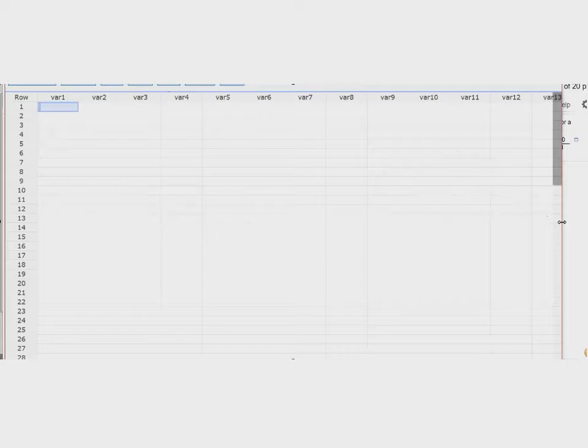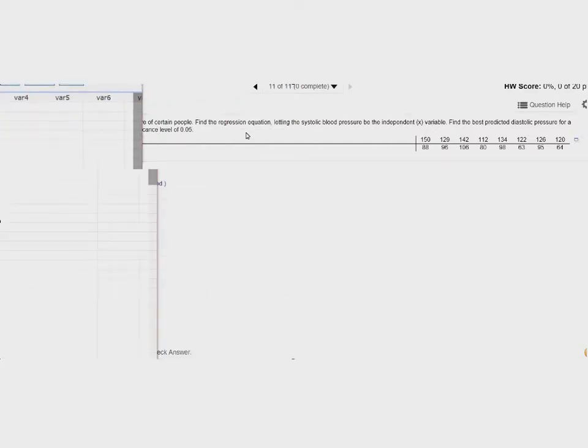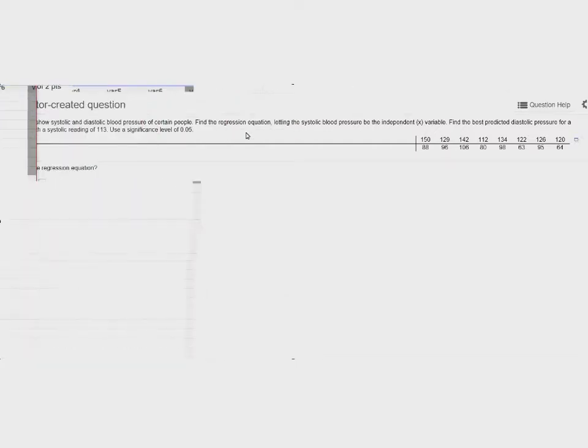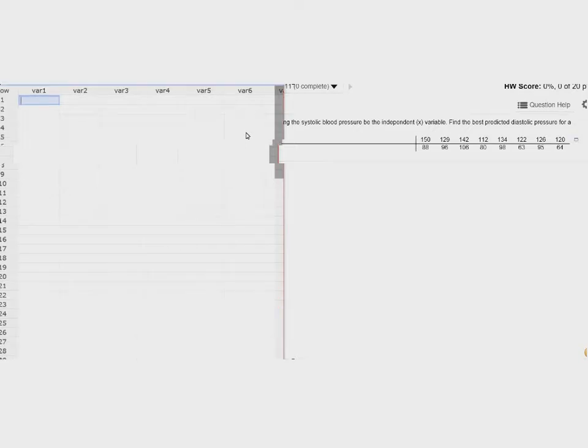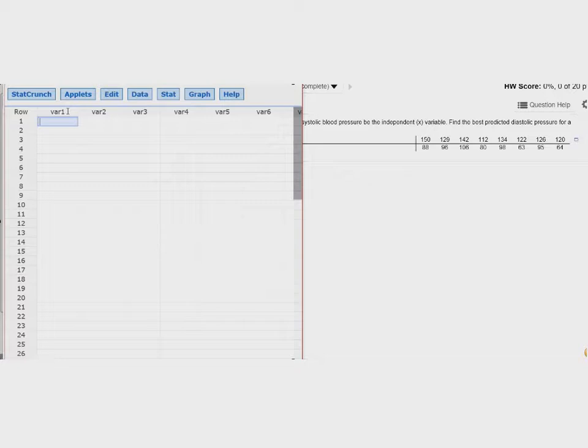And then you're just going to enter the data that they gave you. So in this problem, we had the systolic blood pressure and the diastolic. So I'm going to go ahead and type those in for my column headers just so I know which one's which.